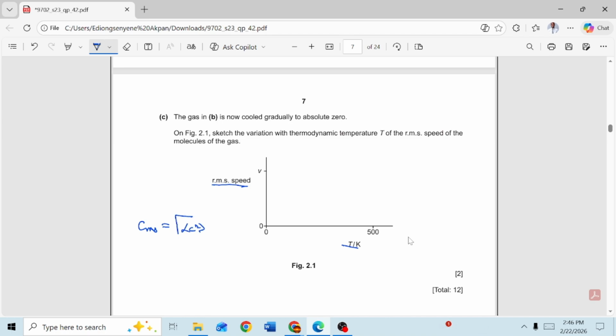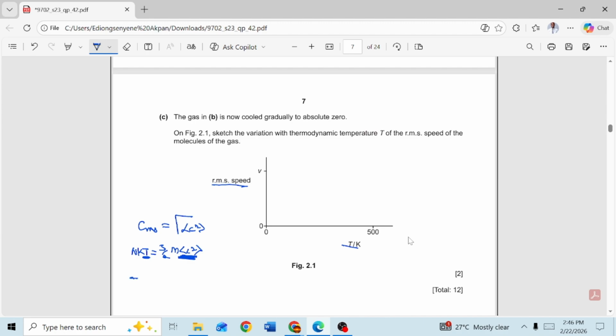And basically, if we say NkT equal to half or 3 over 2 m mean square speed, we use this for kinetic energy, and this is where we have the relationship between mean square speed and absolute temperature.